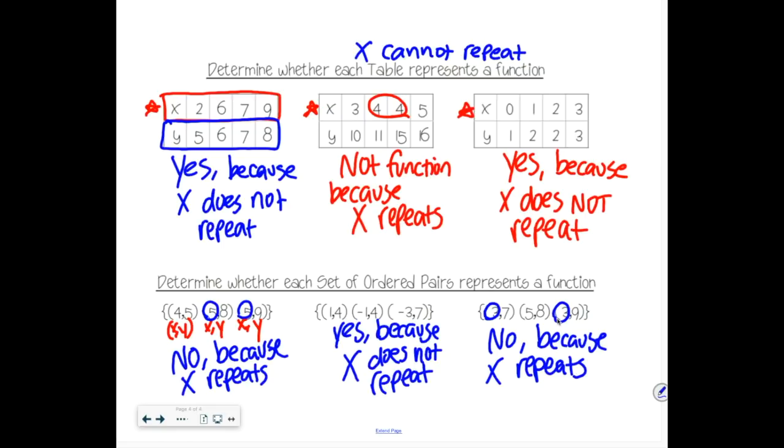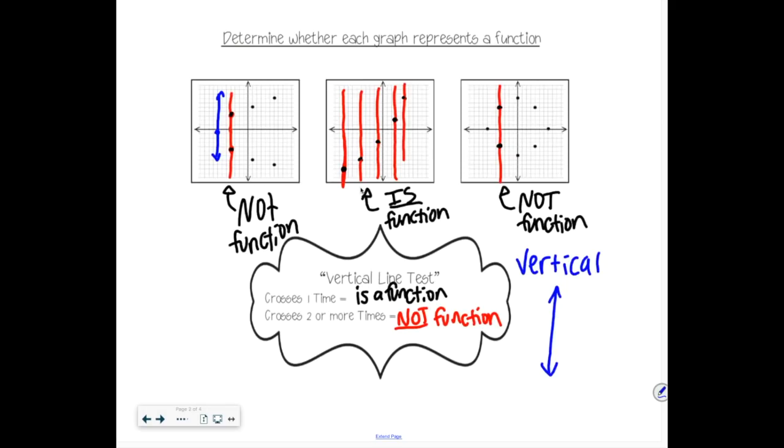And that is all of your notes, okay? That is it. If you can look at any scenario and tell me if X repeats, then you can tell me whether it's a function or not. So if we recap, we said, okay, here's an X value of -4, and then another point with an X value of -4, just different Y's.